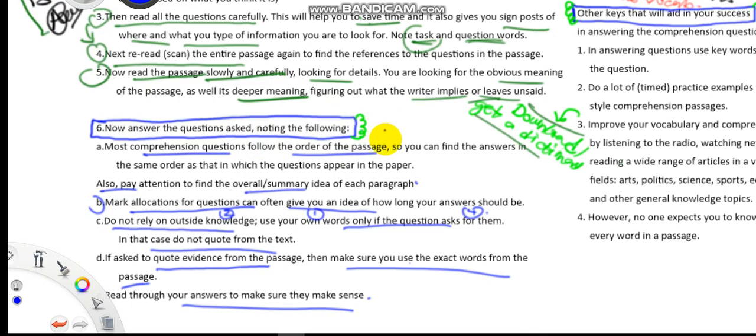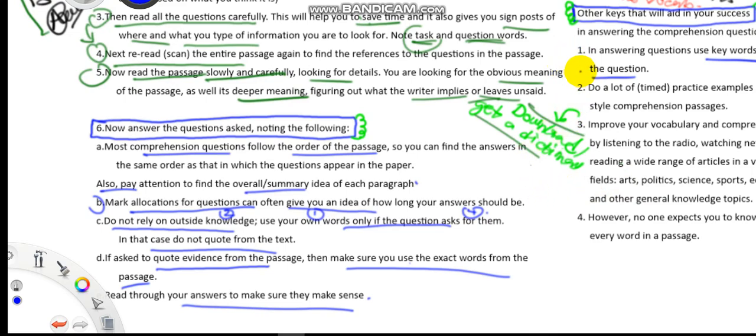In the final part, here are other things you need to pay attention to. In answering comprehension questions, make sure you use keywords from the question. For example, the first question says, what was the reaction of the baboons after the new bridge had been built?